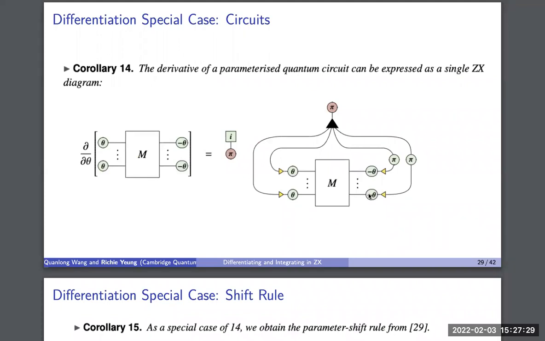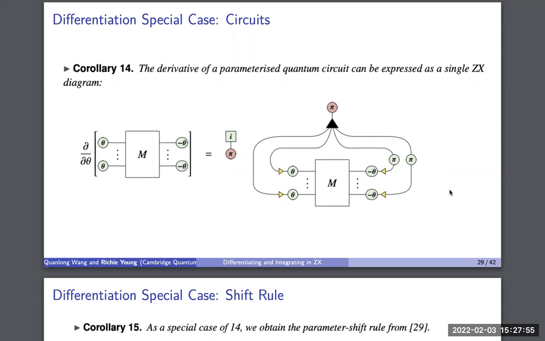As a special case of differentiating arbitrary ZX diagrams, we can express the derivative of a quantum circuit in terms of a single ZX diagram, like so. Like I said before, because there's minus theta here, we need to use the chain rule, and it turns out the -1 square box is equal to the green pi box here.